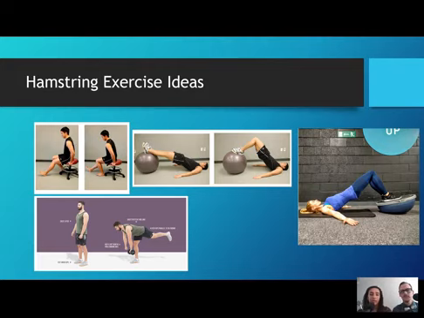The biggest thing about this is I find that people tend to sink their hips, so you really want to focus on either starting with glute squeezes first, or TA activation, or both, or even just a simple glute bridge where you can really get your athlete or your patient to understand what it's like to get that straight neutral pelvis and that full hip extension, because again, we're really striving for that full hip extension in this exercise, and we want to find that optimal length. It's really, really easy to cheat this exercise.